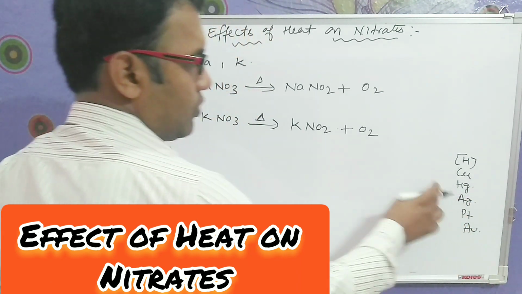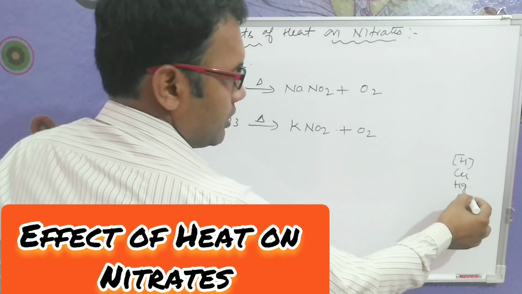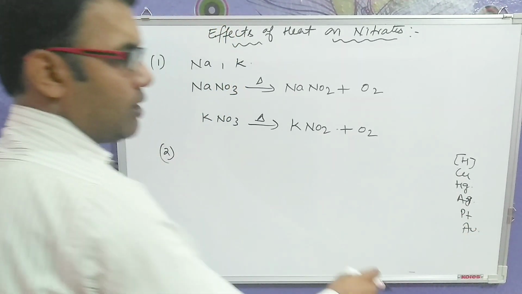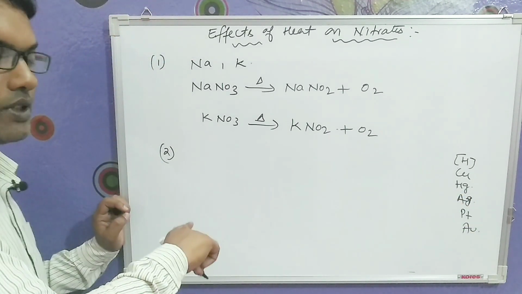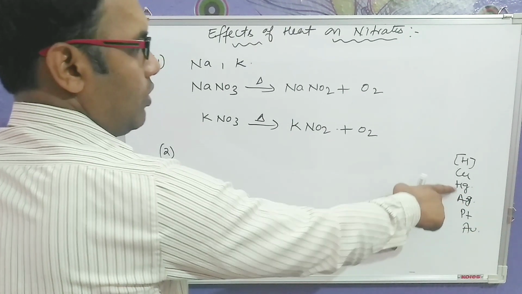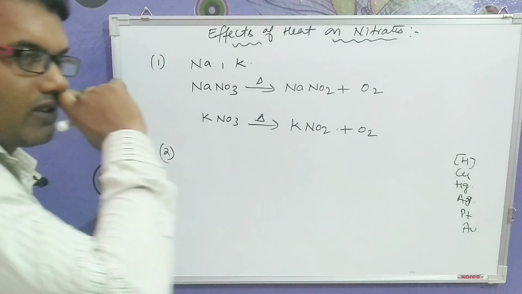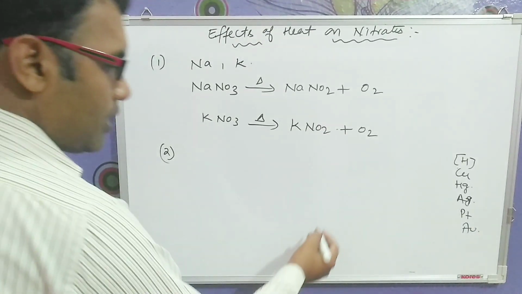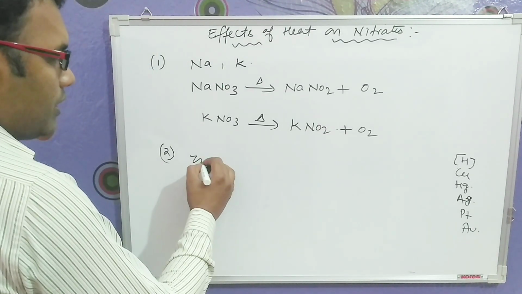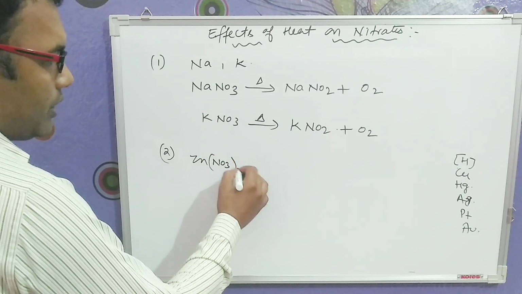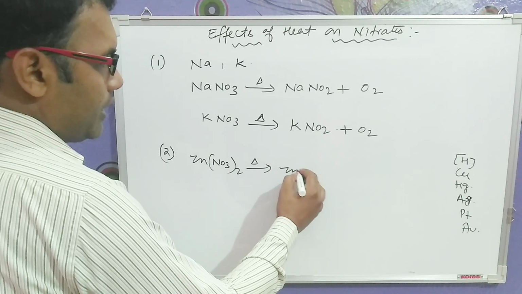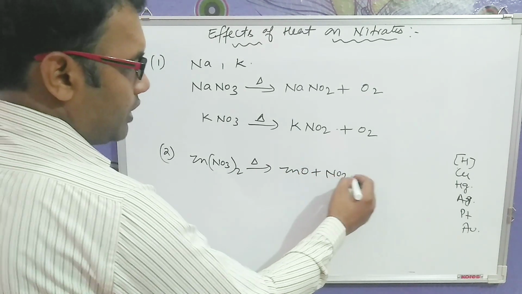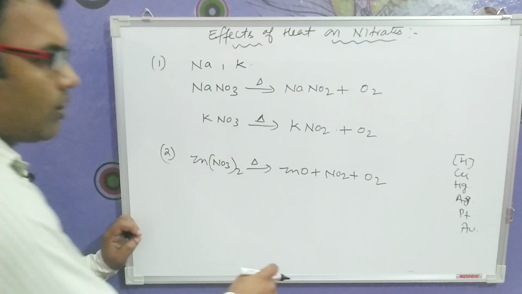For silver, platinum or gold, the nitrate will have some other reaction, which we'll see just now. But all the elements above silver will decompose. For example, zinc nitrate: if we heat it, we get zinc oxide plus nitrogen dioxide plus oxygen gas.